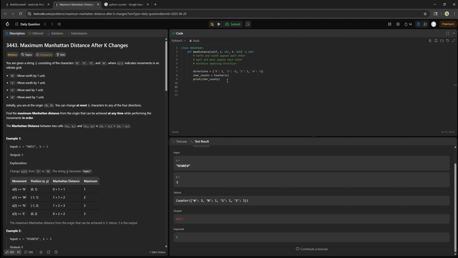Do we even need to iterate through it though? Or can we just use, I don't know, like a sort of greedy algorithm instead of brute force? Because we already have the directions, it doesn't really matter. Does it really matter what order they're in? Oh, it does. Because this can be at any time.